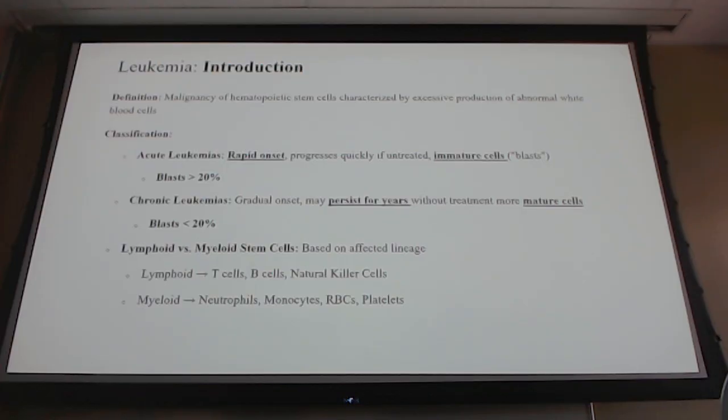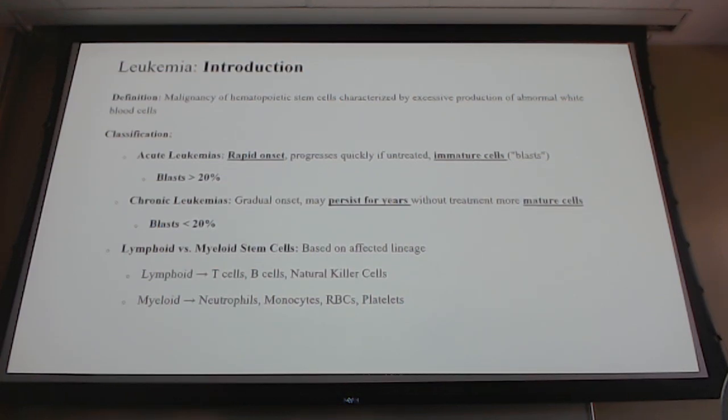So if I say lymphoid, what kind of cells am I talking about? T cells, B cells, natural killer cells, right? If I say myeloid: neutrophils, monocytes, RBCs, platelets, right? So again, if I say acute lymphoblastic leukemia, it's greater than 20%.